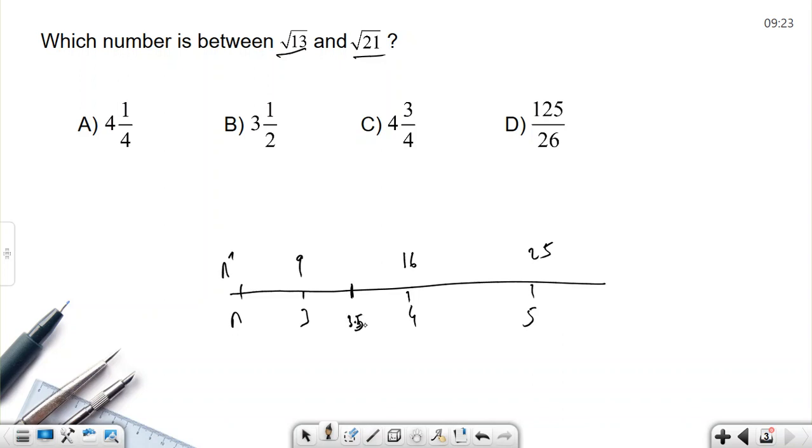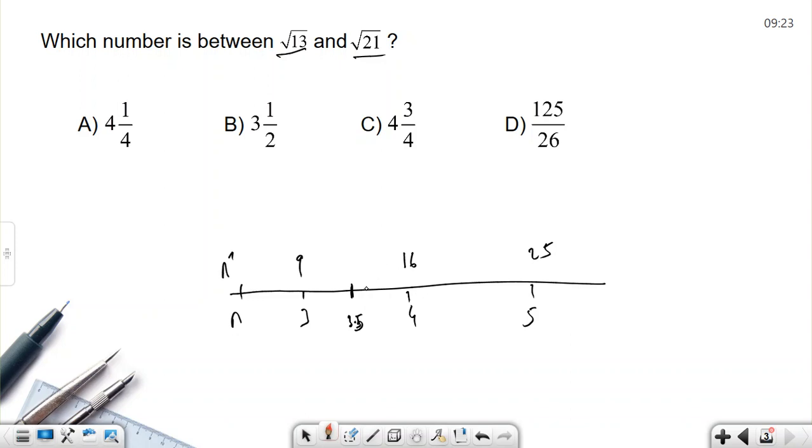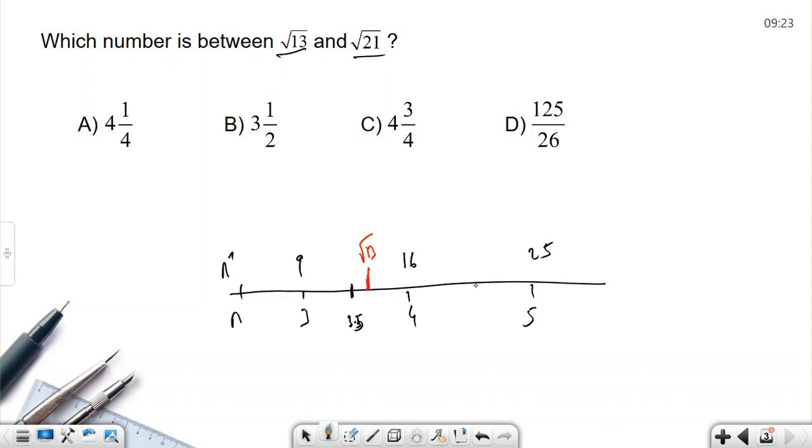So if this is the half, 3.5, I can say the square root of 13 is between 3.5 and 4, nearer that part. Now let's think about the square root of 21. Again, find 16 and 25.